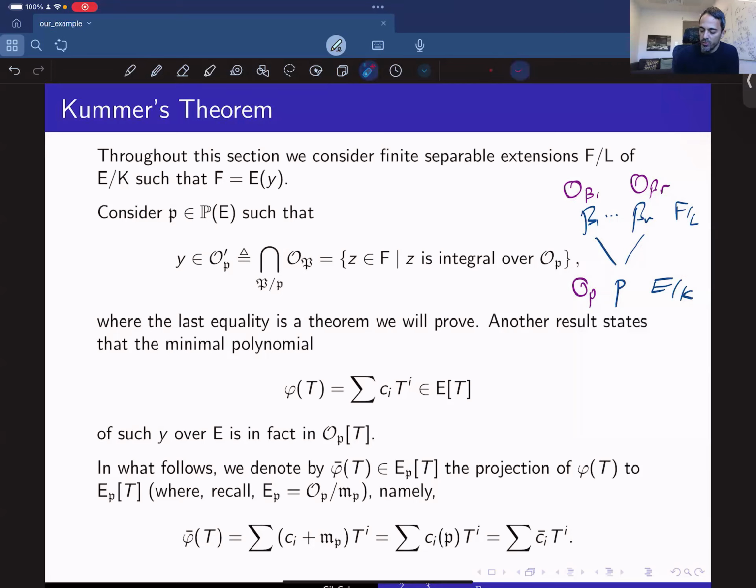Also in terms of valuations, you know that all the valuations here are non-negative, and also here, because you just multiply by the ramification index. Anyhow, each of them will be larger than O_p because the functions here are from F, not just from E. But moreover, it could be the case that their intersection even is not exactly O_p. I mean, no reason for that to happen. There are functions here that are in F and not in E, and potentially there is a function common to all of them which is not in E. So we defined O prime p to be this intersection.